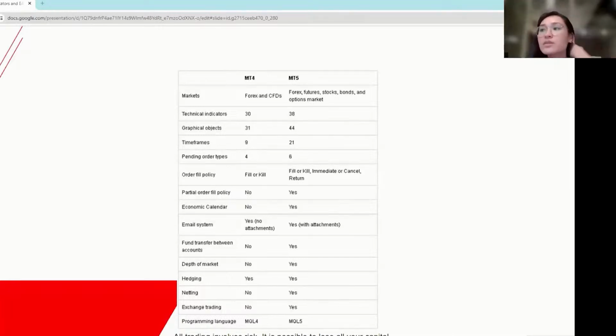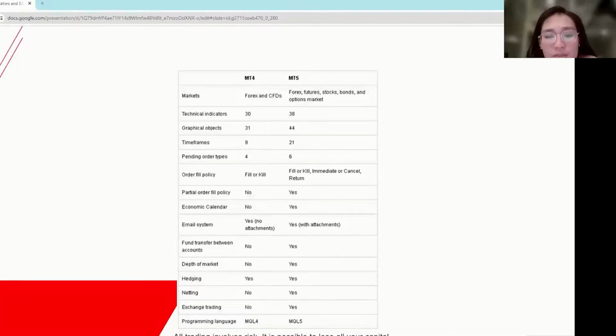So here's a table, a summary of all the differences between MT4 and 5, but basically it depends on your needs and preferences. MT4 remains a favorite for Forex traders who appreciate its simplicity and the extensive library of available EAs and custom indicators.